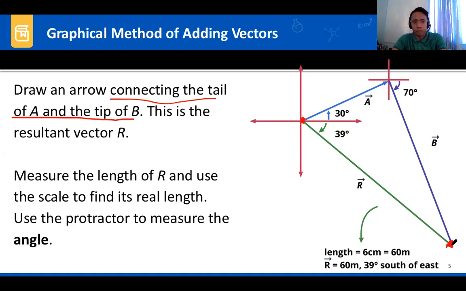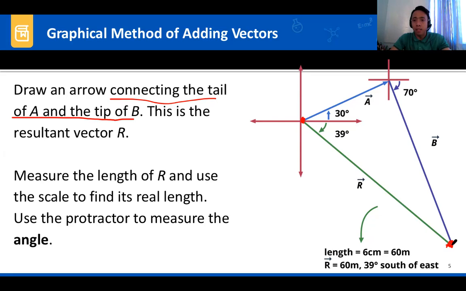Now, the disadvantage of this graphical method is that we use a ruler and protractor, right? Those are the disadvantages. And we already know that if we are using such measuring tools, it is not that accurate.